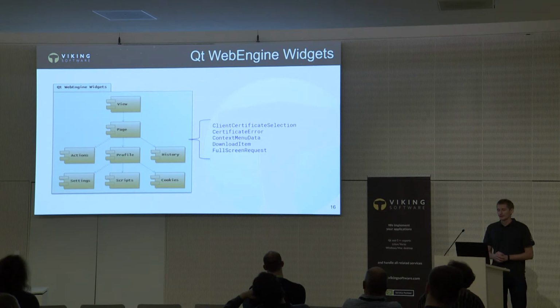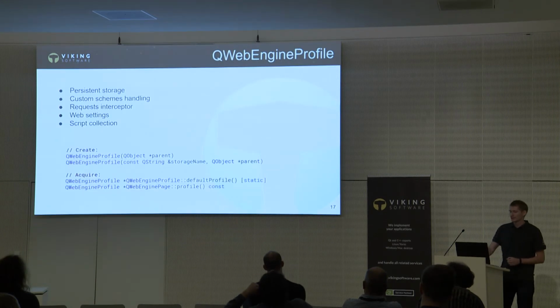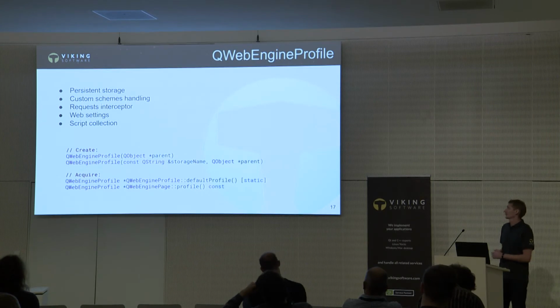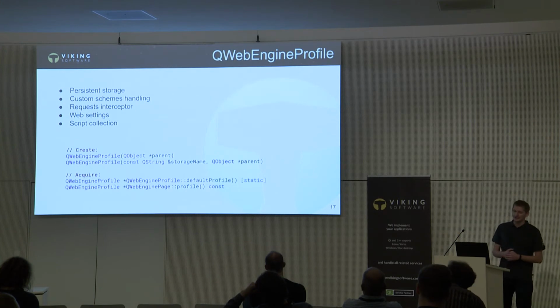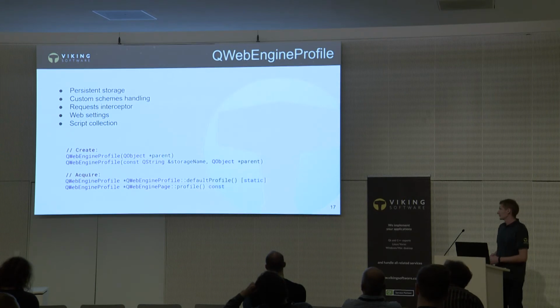And the profile is an important abstraction, widely used, and the main thing it allows us is to store the data related to our current session. Data like visited links, cookies, network cache, and so on. Of course, we can use this thing in a mode that stores nothing, like incognito mode in common web browsers.